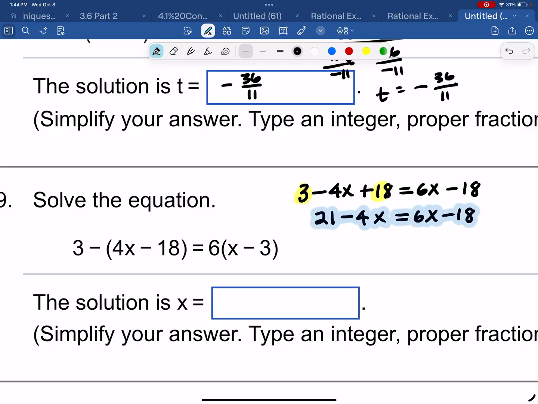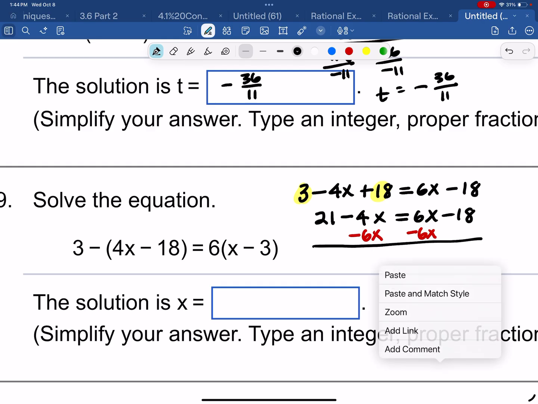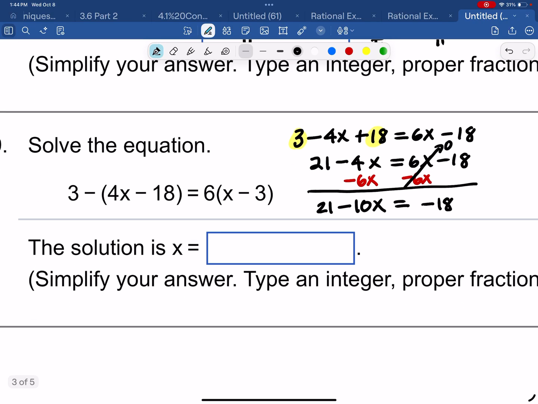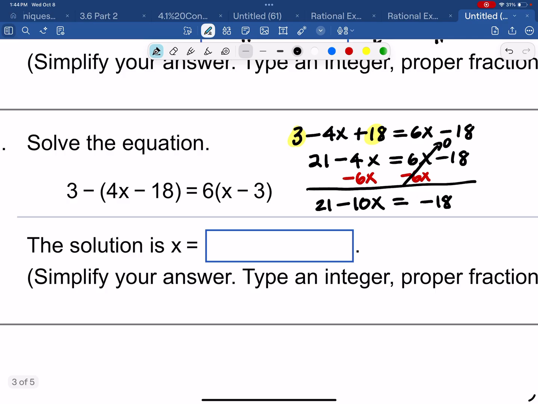Now, I like to put my variables on the left, so I'm going to move my 6x by subtracting 6x from both sides. So that gives me 21 minus 10x, because look, negative 4, negative 6 is negative 10, equals just the negative 18 because opposites add to 0. Now I need to get the numbers on the other side, right?